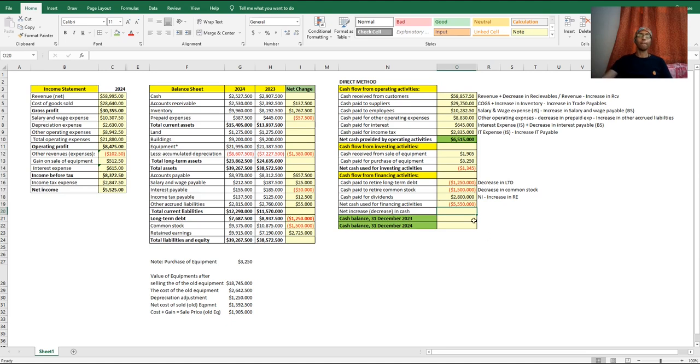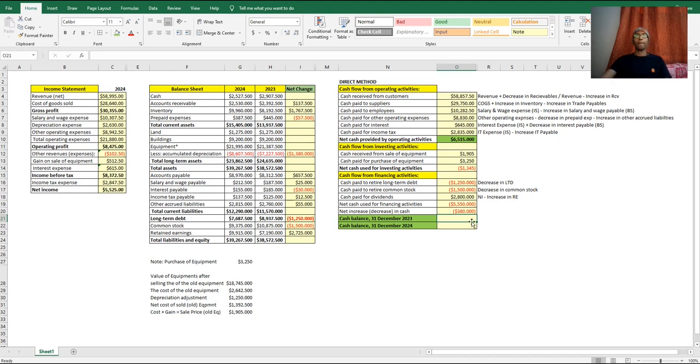Now for the net cash increase or decrease, we see net cash from operating activities is positive, plus net cash from investing activities is negative, plus net cash from financing activities is also negative. So the net result is a decrease of cash of 380. If the figures are in millions, then it's 380 million.